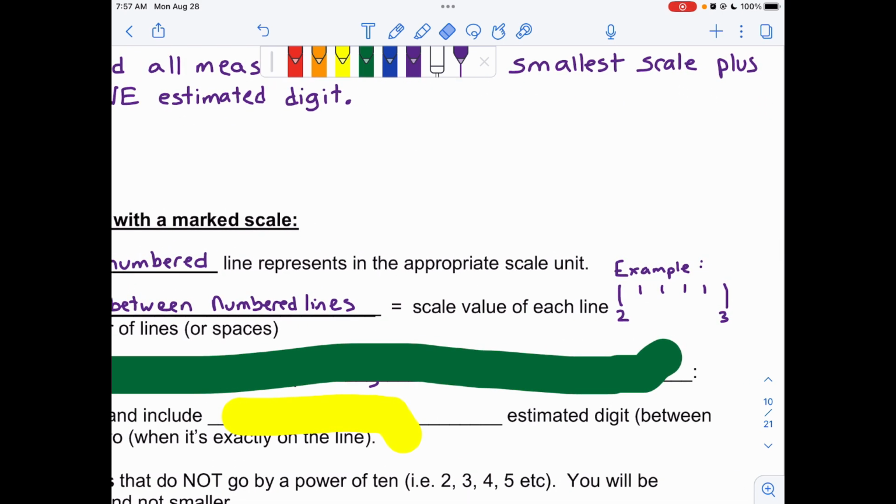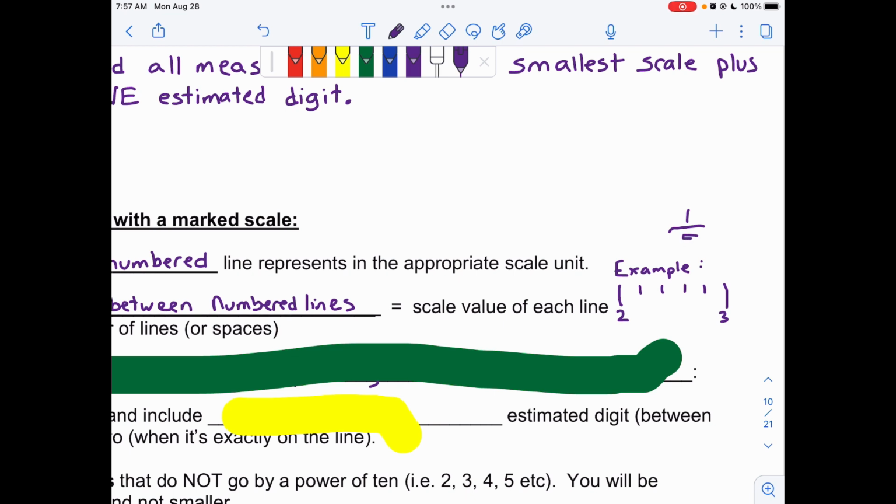So here's my example. I've got a 2 here on this numbered line. Usually they're longer than the unnumbered ones, and then I've got a 3 over there, and then I've got these little lines in between. The difference between my numbered lines would be 1, and I'm dividing by the spaces: 1, 2, 3, 4, 5 spaces.